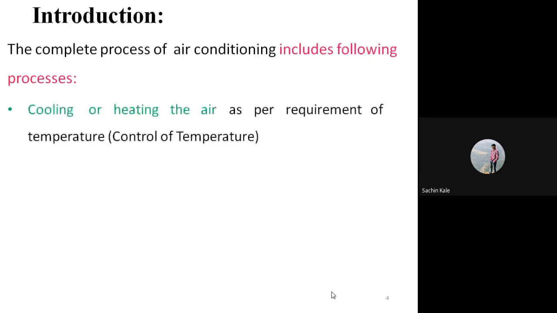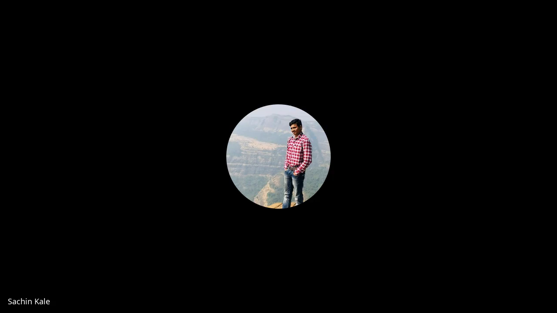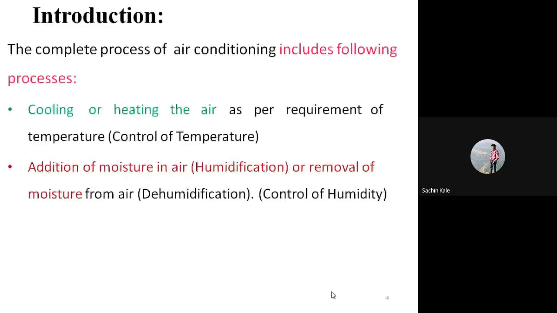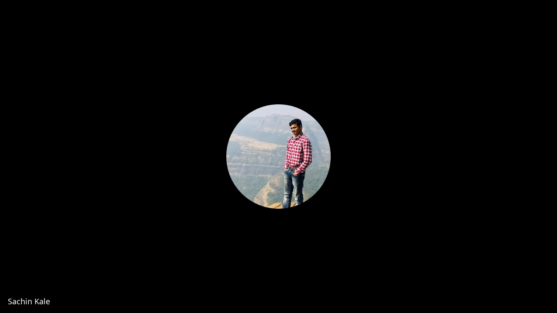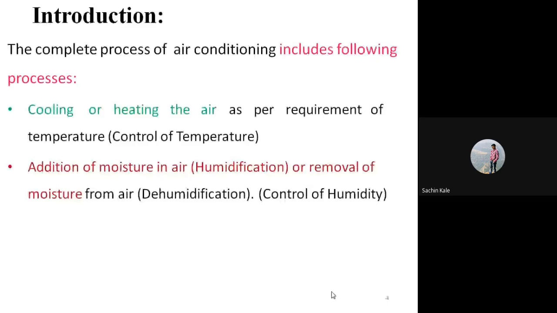The second point is that we have to control the humidity. Controlling the humidity means we have to either add moisture particles to the air, which is called humidification, or remove moisture particles from the air, which is called dehumidification. In the winter season, we have to heat the outside air as well as add moisture. That is called heating and humidification.